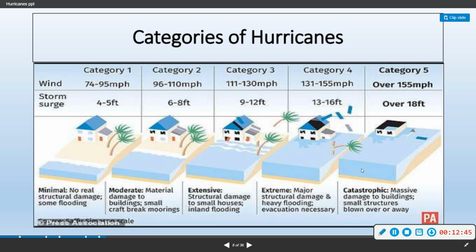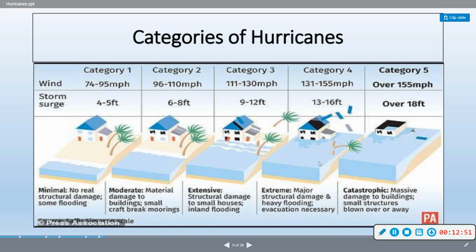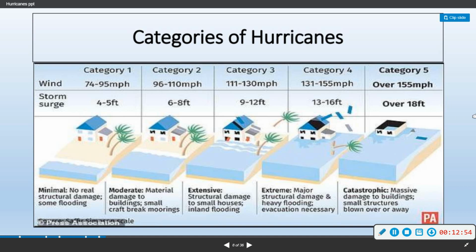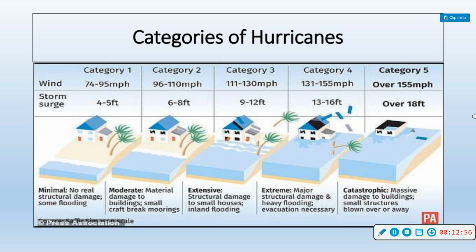Is that water? Yes, that's water. Then you have a Cat 5. What storm is that? It would be the Galveston hurricane, because only one building survived on the whole island.